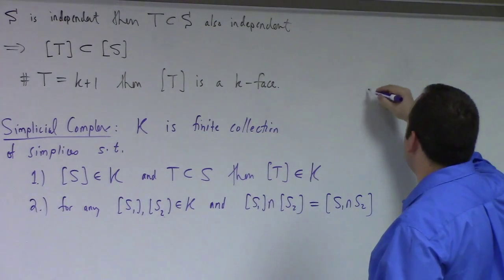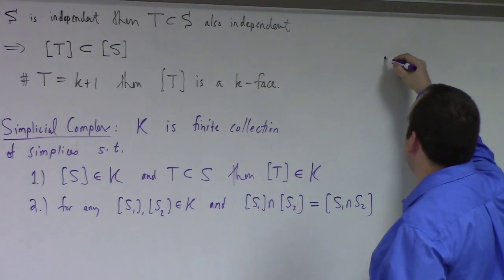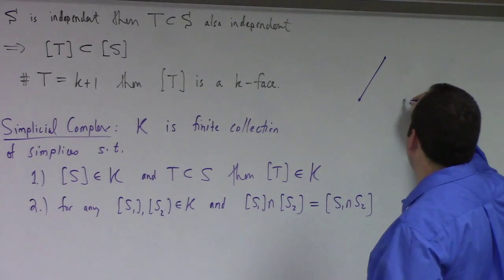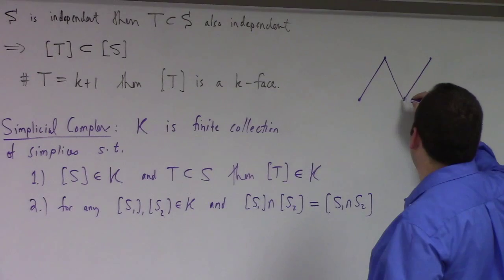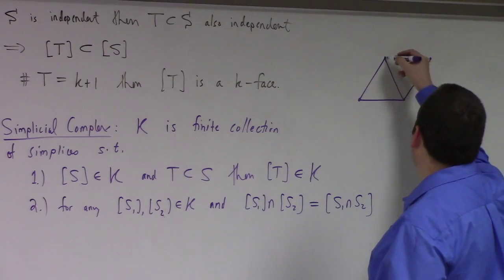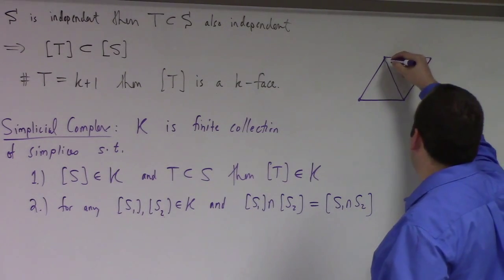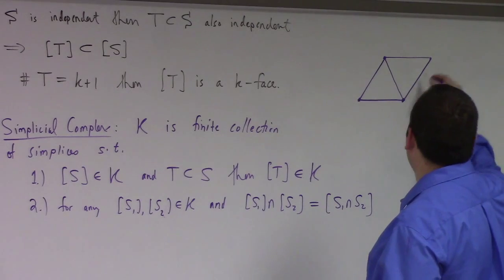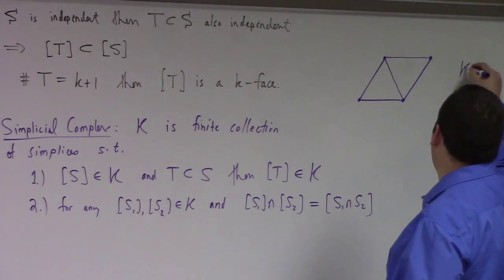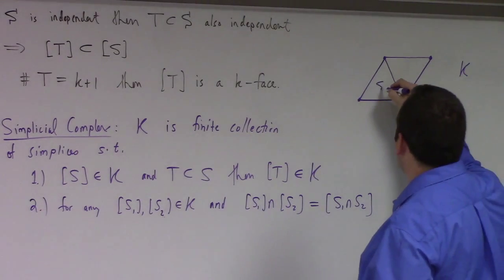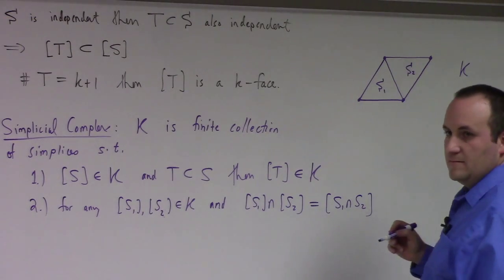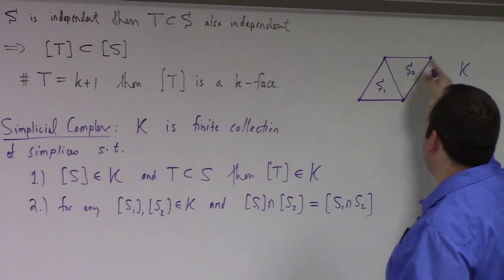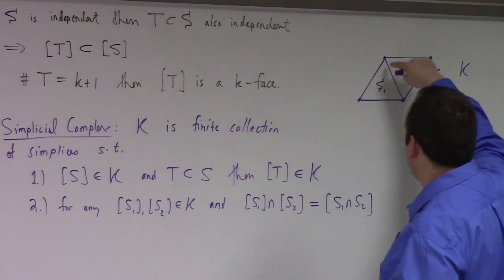So let's see here if I can think of something. If this was some kind of picture of K, you could think of this as being like S1, this as being S2. Then the intersection of S1 and S2 would be that, I'll make a dotted line.